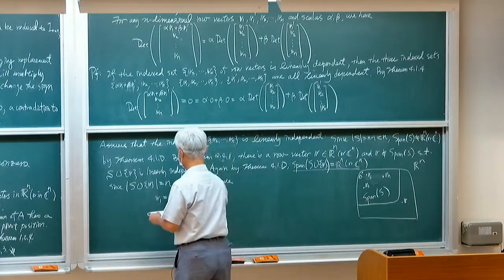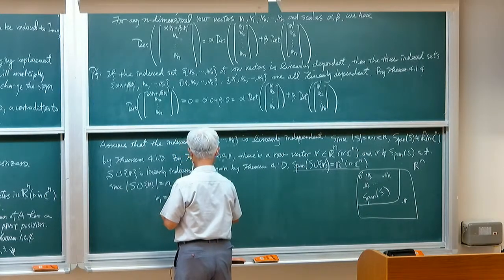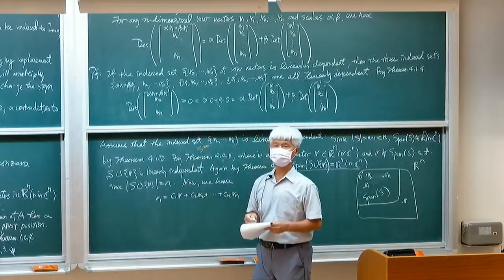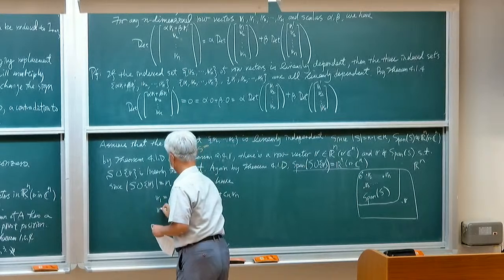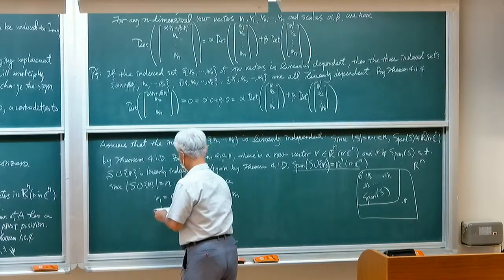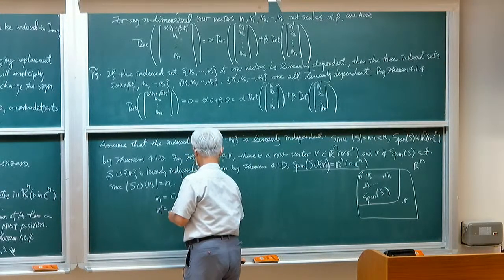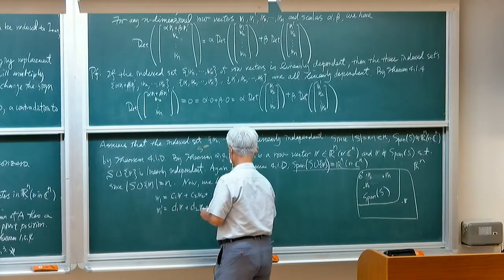So we have C1R plus C2R2 plus and so on plus Cn Rn. This is R1. How about R1 prime? Also, we can find D1R plus D2R2 plus and so on plus Dn Rn.